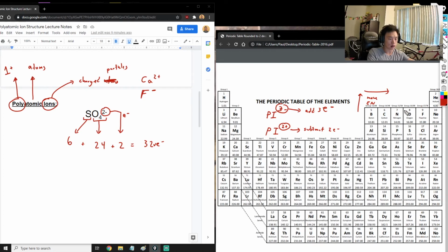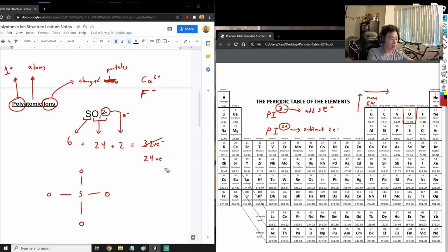So oxygen, since it's higher than sulfur, is more electronegative, so it'll tend to be on the outside. So we'll put S in the middle and O on the outside. Now, they all need to be connected together, so we use some electrons to connect everything: 2, 4, 6, 8. That means we don't have 32 anymore. We're going to have 24.